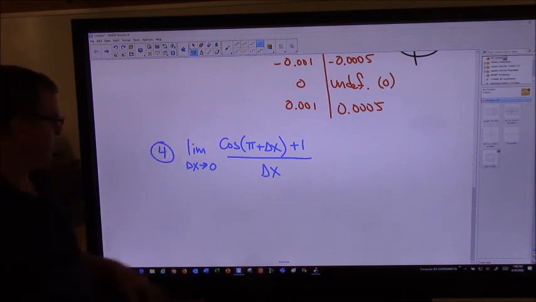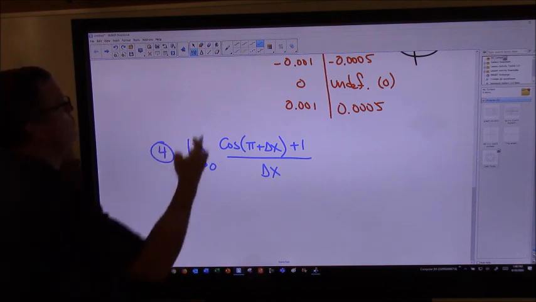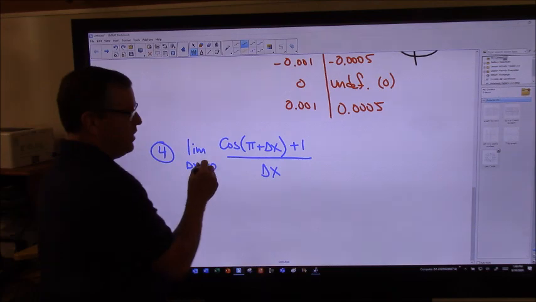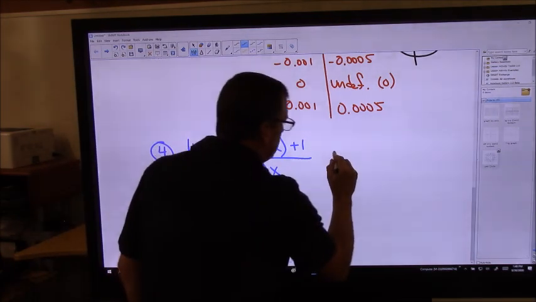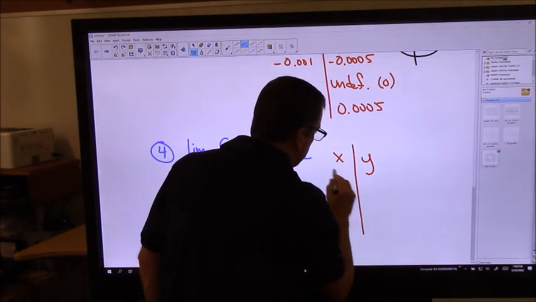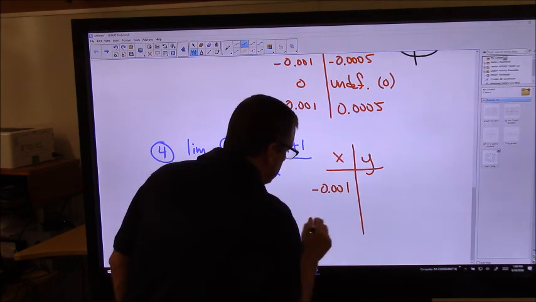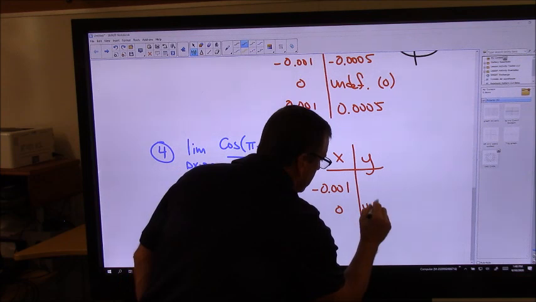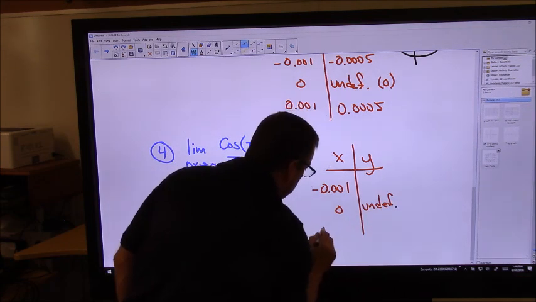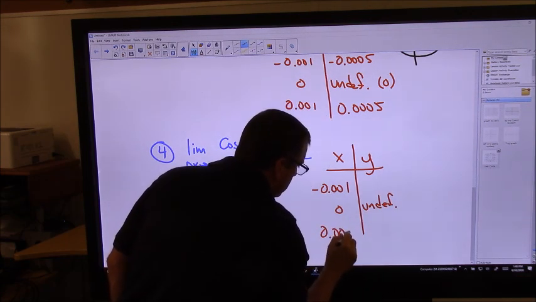Same as the previous one. I just want to plug in numbers close to 0, and I want to get on both sides of 0. So negative 0.001. If I plug in a 0, we are undefined. And then a positive 0.001.